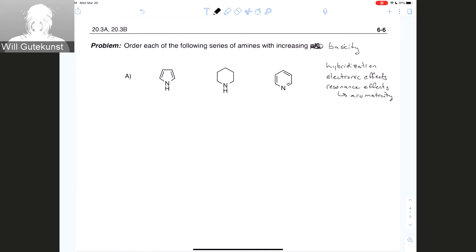There is some overlap in some of these ideas because if you have a nitrogen in resonance, it probably does change its hybridization. But first we want to look probably at hybridization first.